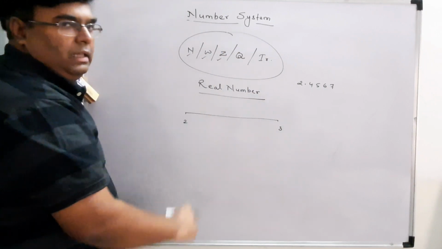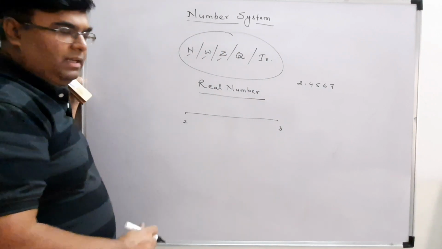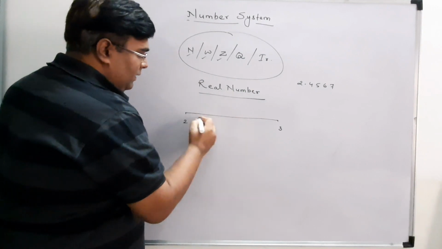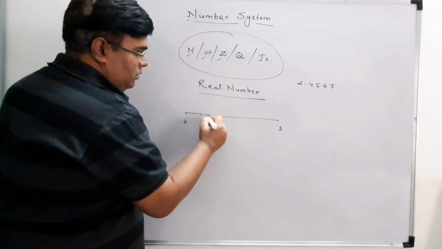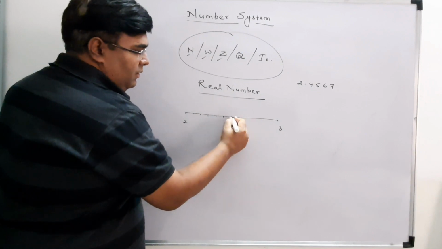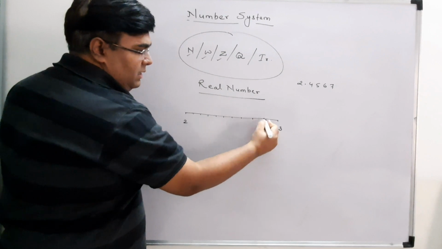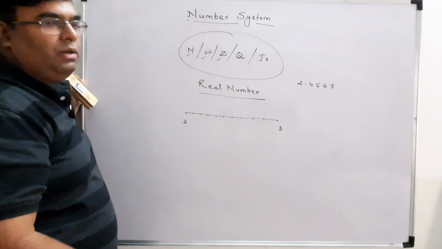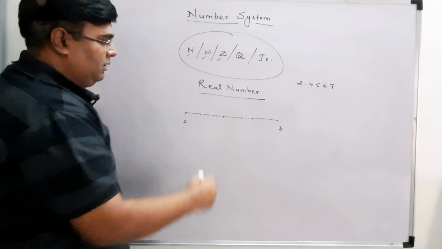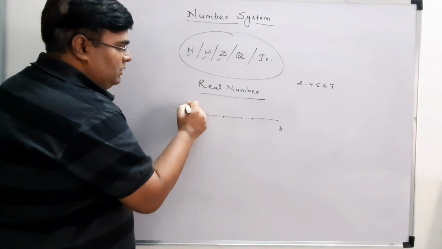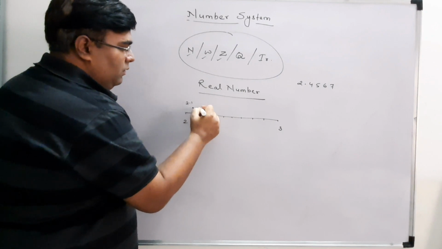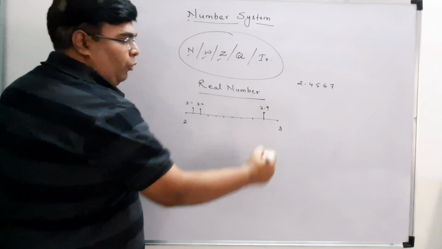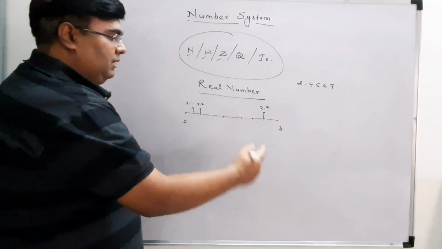We will focus on this part only. Now let us divide this whole part into 10 equal parts. So it will be like 1, 2, 3, 4, 5, 6, 7, 8, 9 and then 10. So we have divided the whole part into 10 equal parts. We can easily write it as 2.1, 2.2 and so on. This will be 2.9 and 3.